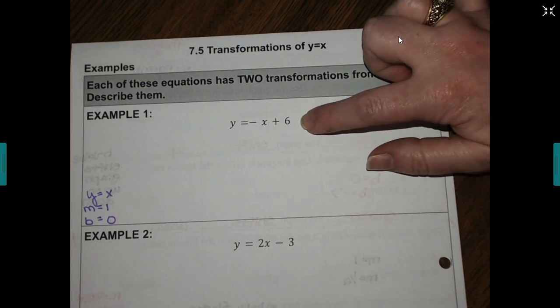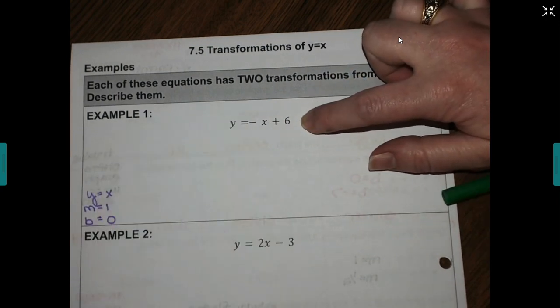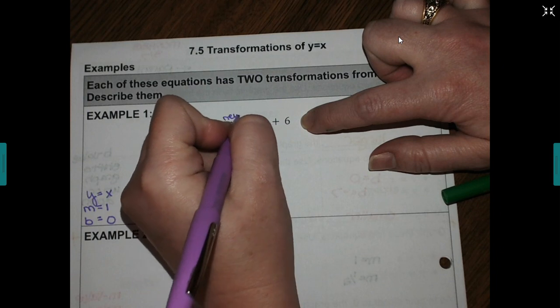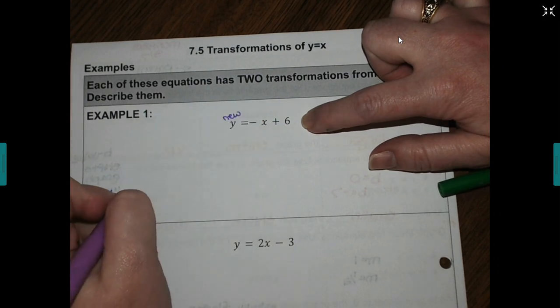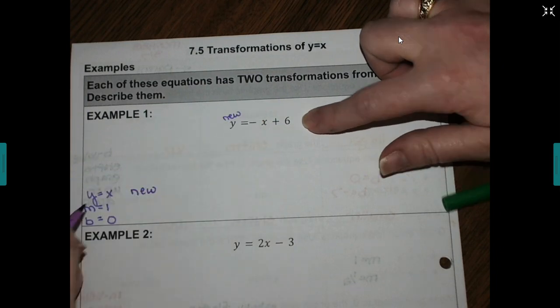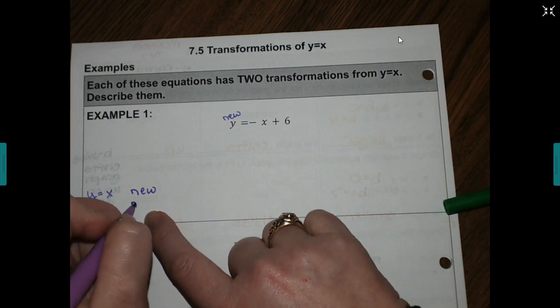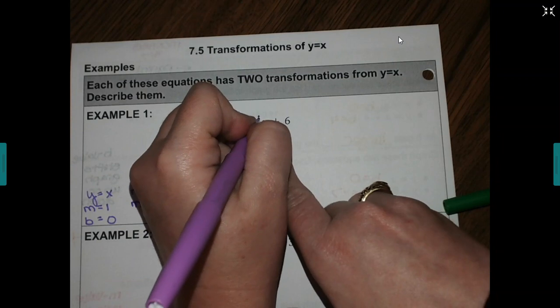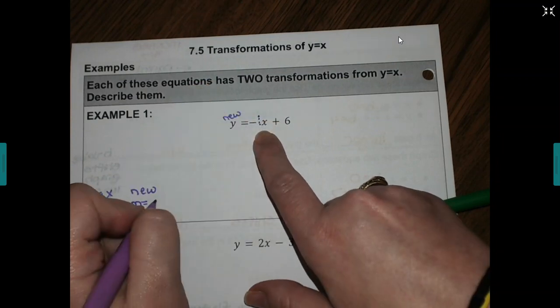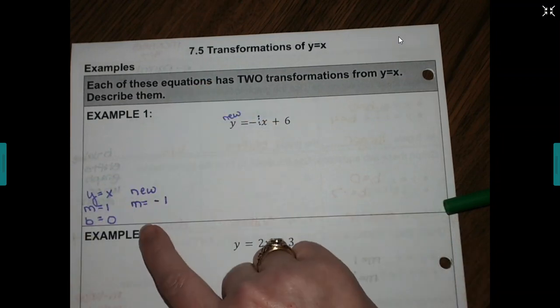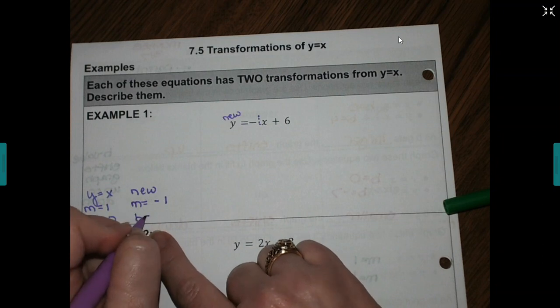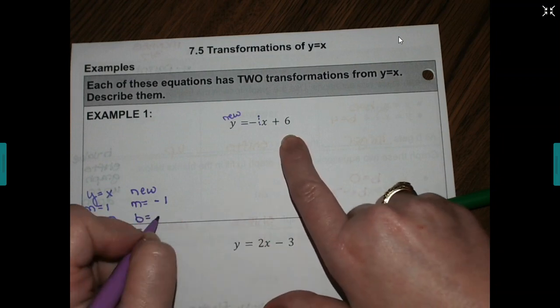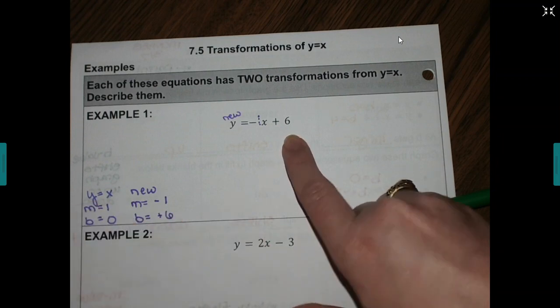So then I'm going to call this my new equation. My m for the new one is going to be negative. There's no number there, so it's a negative 1. And my b for the new equation is going to be positive 6.